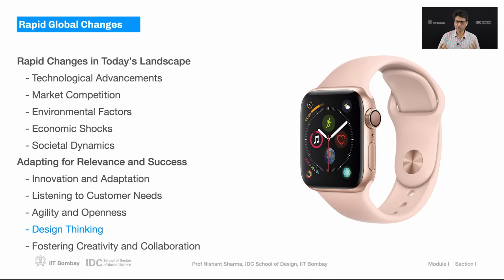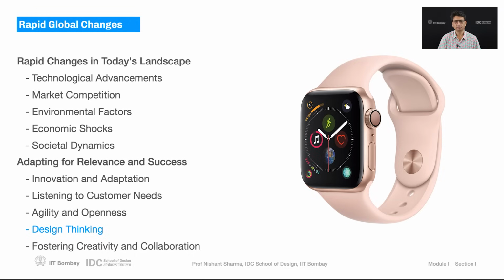Organizations and businesses need to listen to their customers more than ever. User needs and expectations change rapidly, and adapting to meet these ever evolving demands is critical for success. One approach to innovation that is customer centric and that has gathered immense popularity across diverse industries is design thinking.